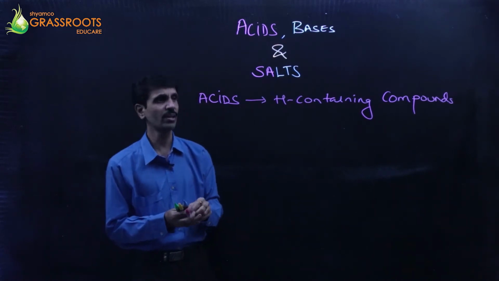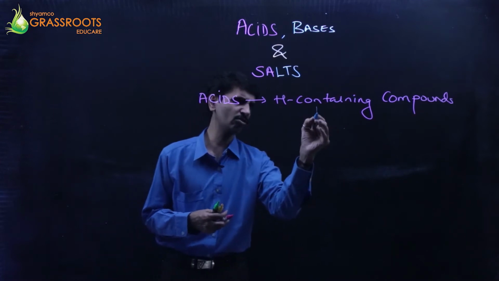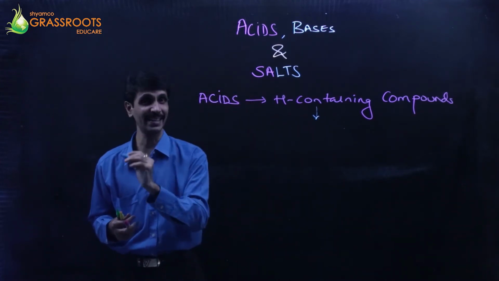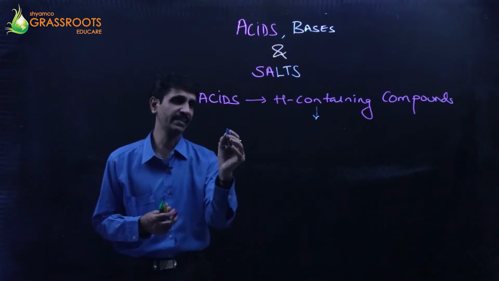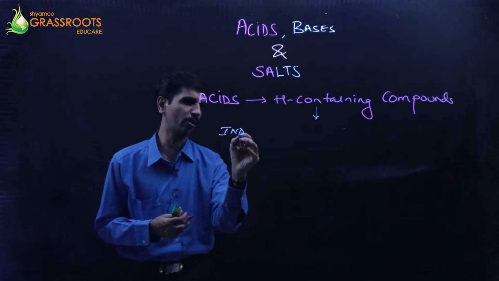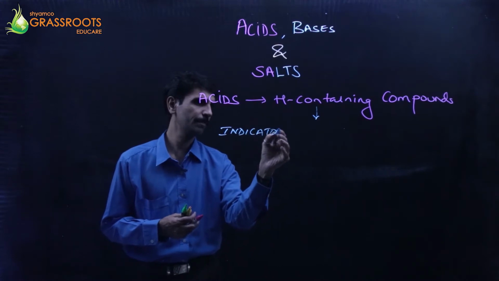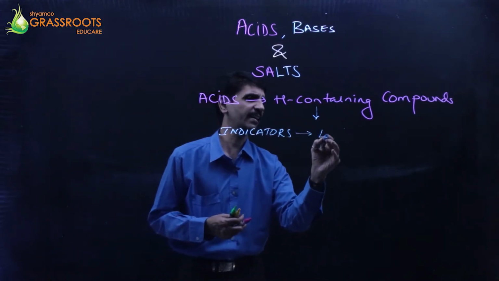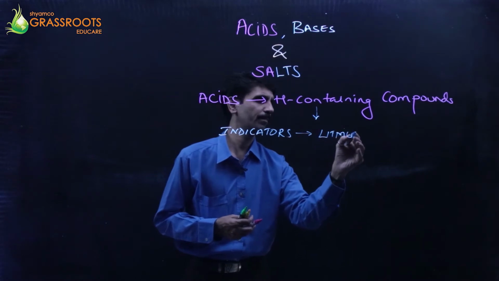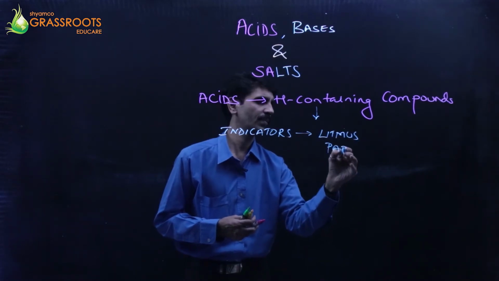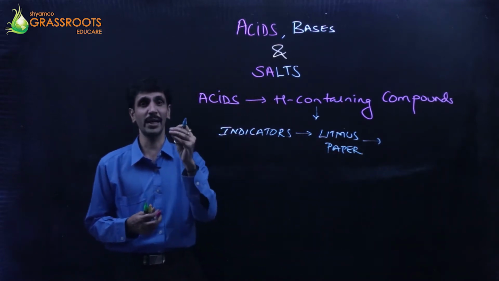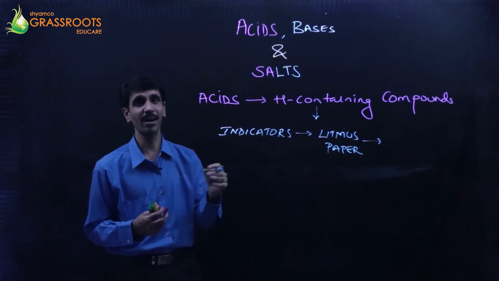Next, there is going to be a color change. For that purpose, we need to make use of indicators. Indicators are responsible for color changes. When we use the indicator, a litmus paper, as the name says, it is going to indicate by means of color change.